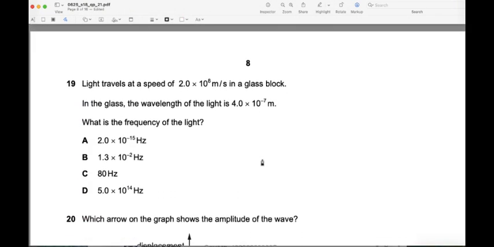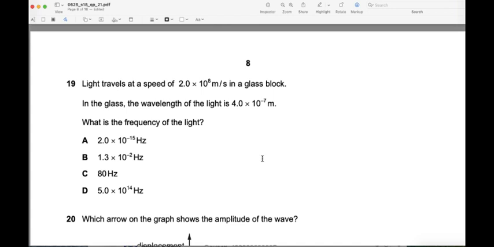Okay, we go to this question. Light travels at a speed of 2.0 times 10 to the power of 8 meters per second in glass, because in air it is 3.0.